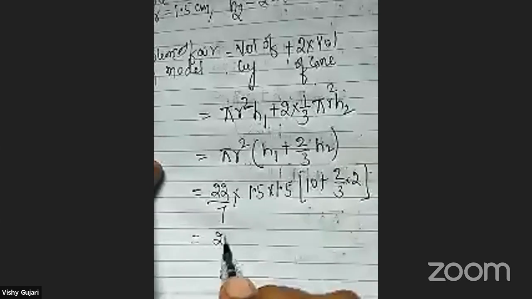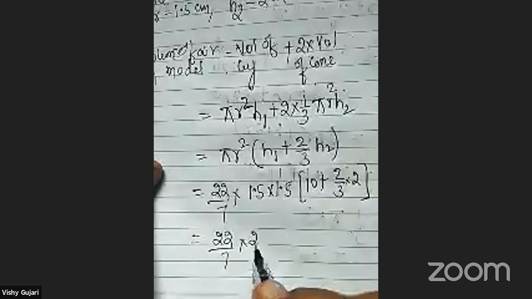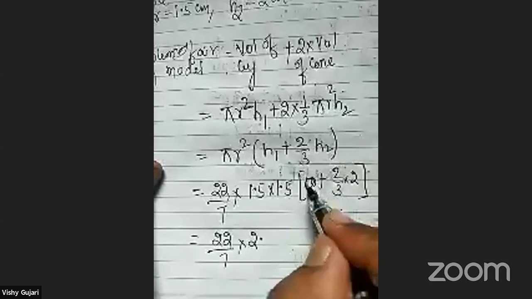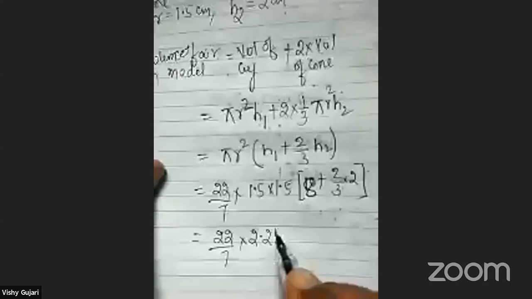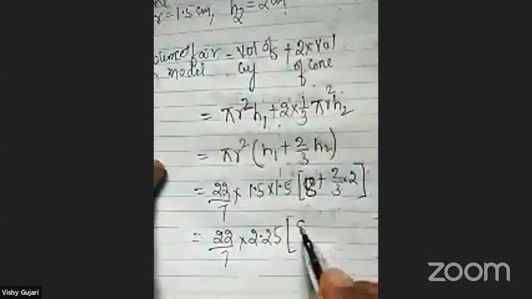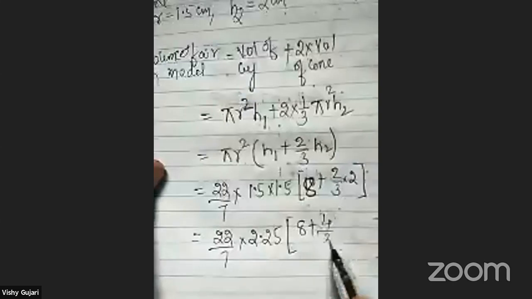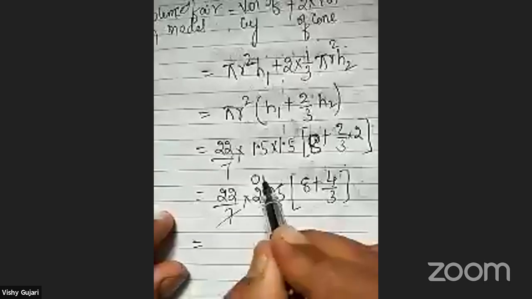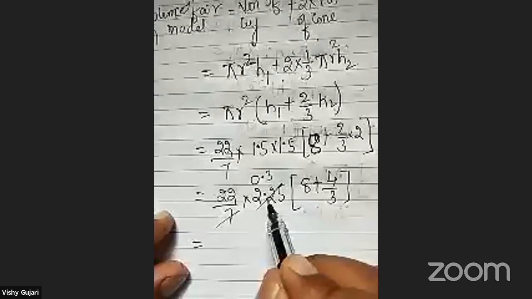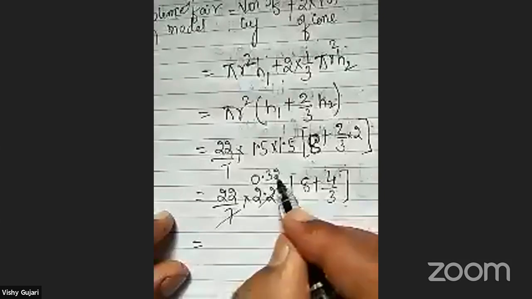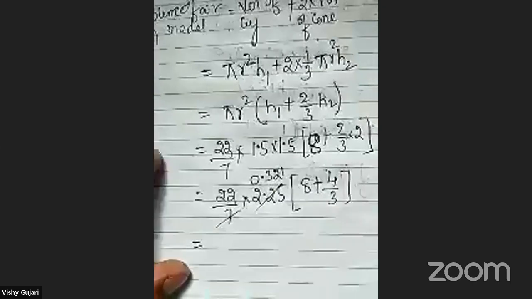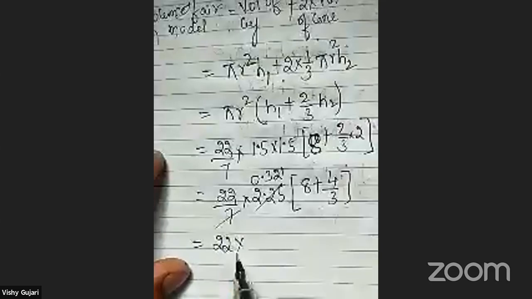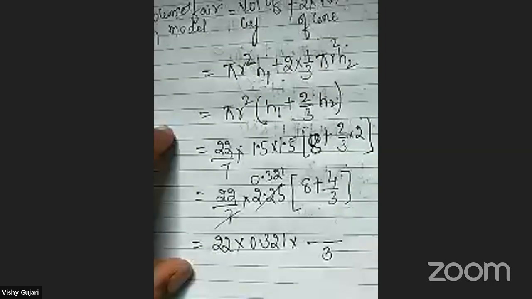That is equal to 22 by 7 into 1.5 into 1.5, which is 2.25, into bracket 8 plus 2 twos are 4 by 3.